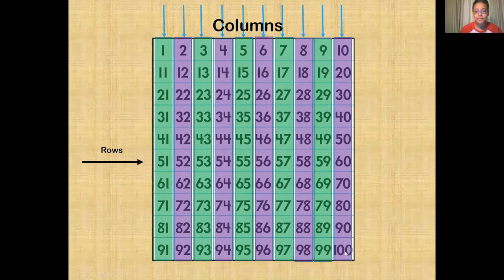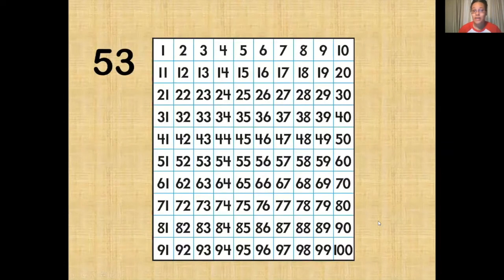So we're going to use our rows and our columns to help us find the number, and then we're going to use the number after, which means your next number. Our number is 53. If we look at the first number, that means we're going to the 50s row. I see 53. Let's see if we can see it by the column.